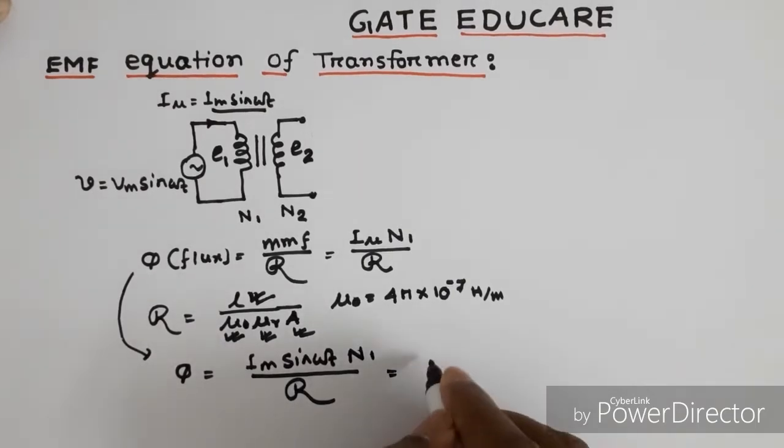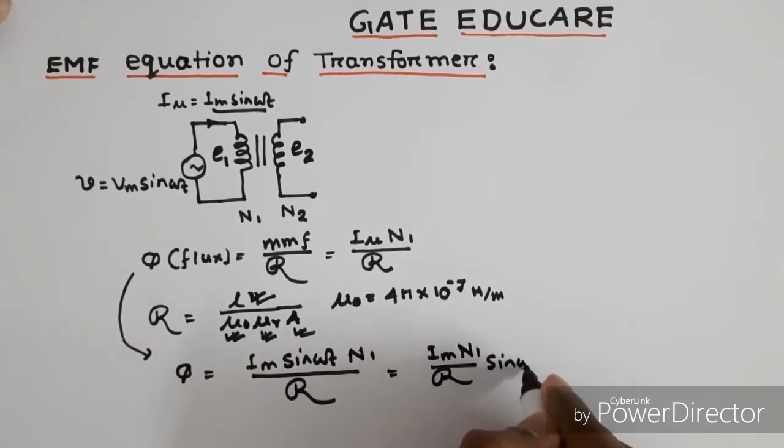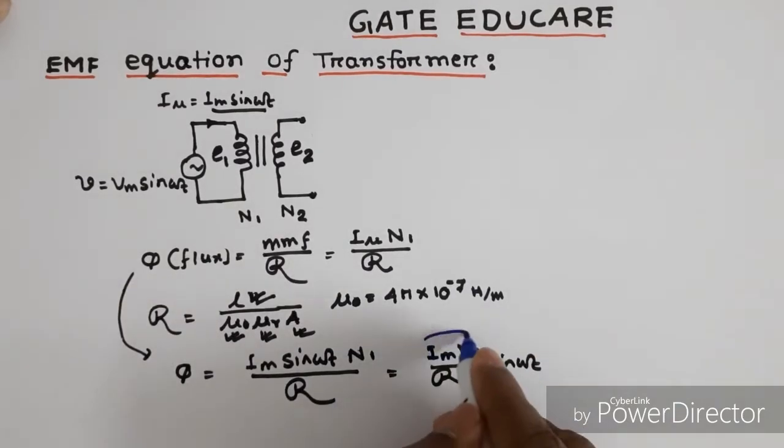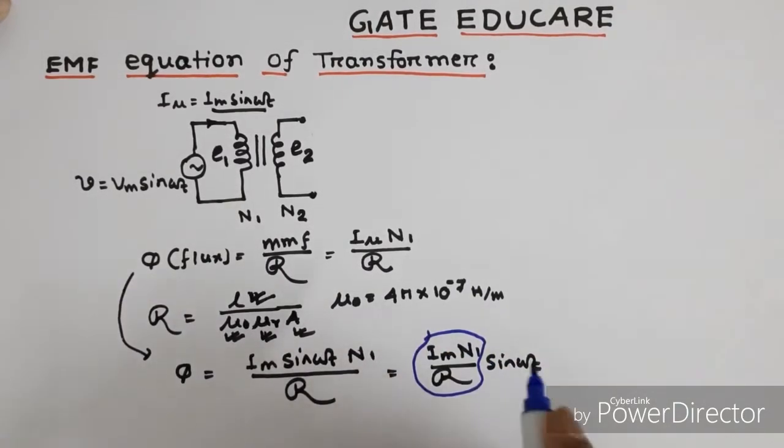That is equal to Im N1 by reluctance into sin of omega t. This term Im N1 by reluctance can be represented as phi m. Therefore, phi of t equal to phi m sin of omega t.